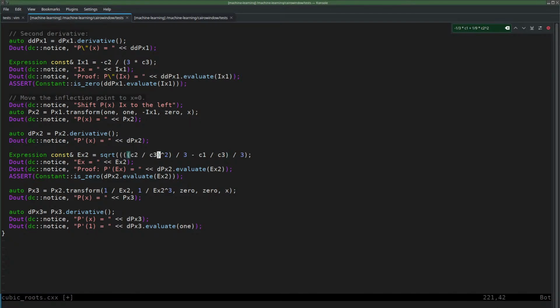This makes so much sense. I don't need these parentheses though. Square root of something. Yeah, okay. And then we have that square divided by 3 minus that. Okay.